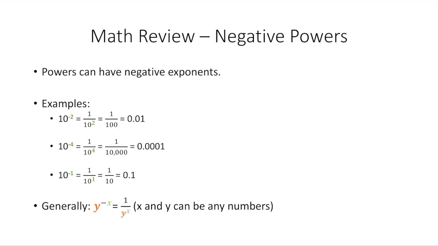So, for example, 10 power negative 2 would be the same as writing 1 over 10 power 2, which is equal to 1 over 100. Because we just take 10 power 2 and convert that to the full number. We just do the multiplication, which is 10 times 10. So that's 100. So 1 over 100, and that's 0.01 in decimal notation with the decimal point.